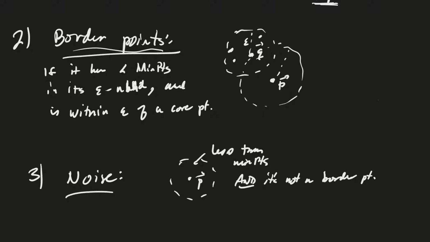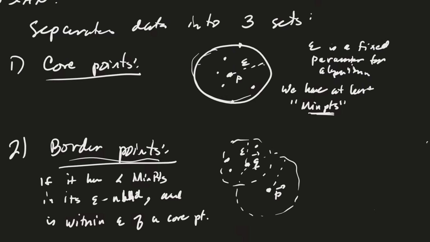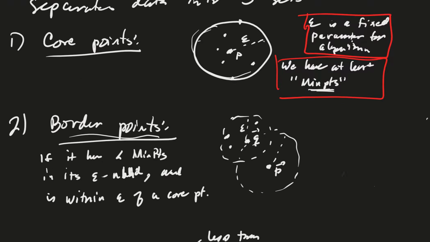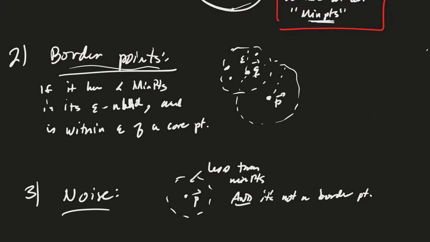These are the two parameters for this algorithm: epsilon and min points. You have to set those in advance, and those are the arguments that you'll see being passed into this algorithm.